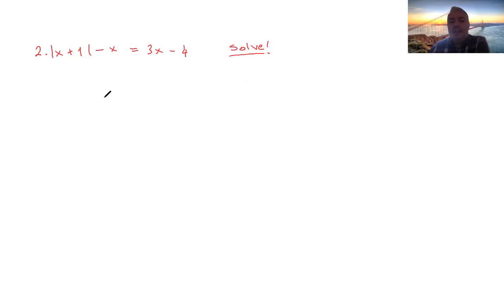Step number 1: express the absolute value on the left or on the right alone. This is the rule, so this is the first case. Any question till here? No question.